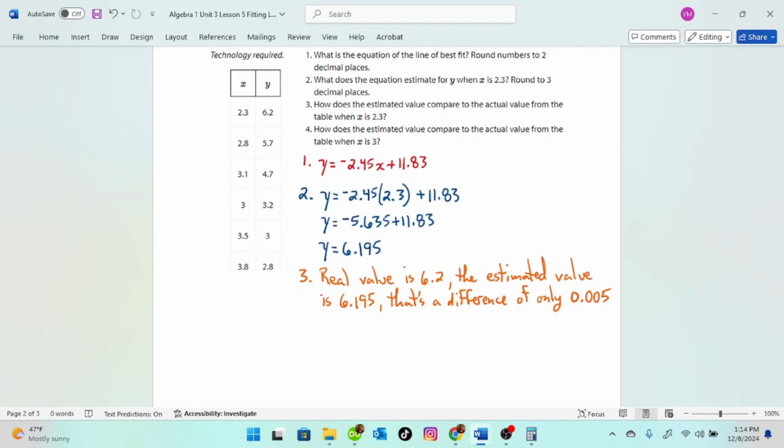Now, number 4, how does the estimated value compare to the actual value from the table when x is 3? So we're going to say y equals negative 2.45 times 3 plus 11.83.